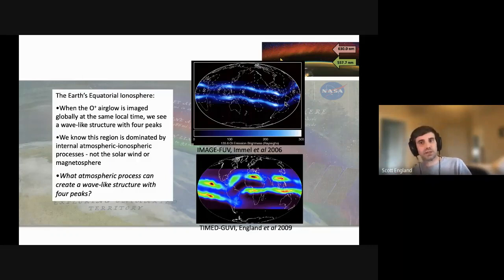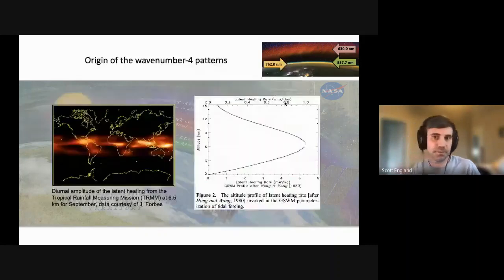And we were looking at, well, what's creating this? Okay. And it's pretty clear it's not fluctuations in solar EUV that somehow match the Earth's rotation rate. This is something going on internal to the Earth's atmosphere and ionosphere. And you know, the answer we were drawn to pretty quickly had to do with non-migrating atmospheric tides.